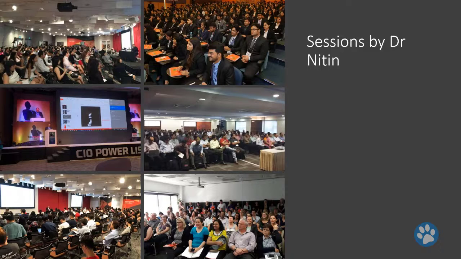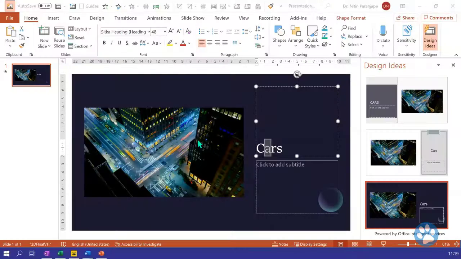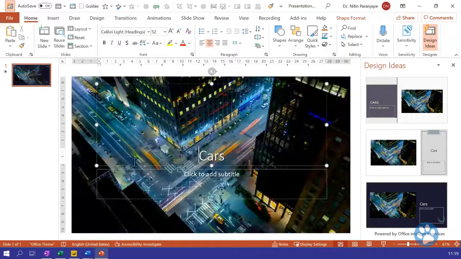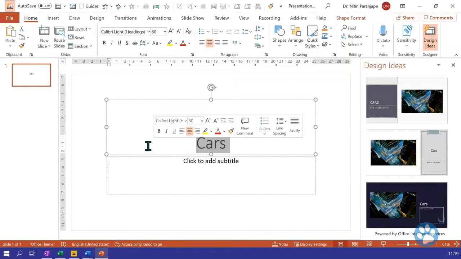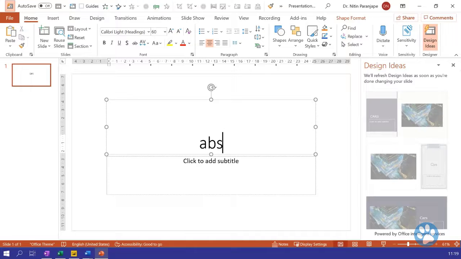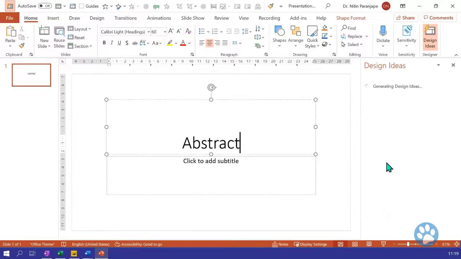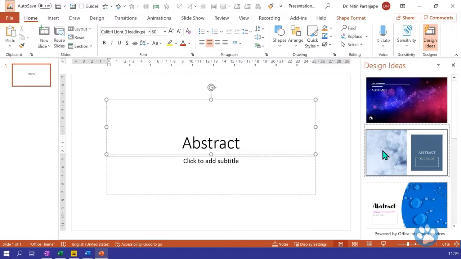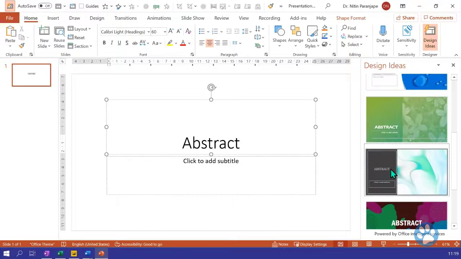Now, when you start using design ideas, there is one more best practice which I will show you. Sometimes we are trying different things. So let's say I'm trying something here and I found some good picture. Now what happens? I don't know what picture I'm going to get. So let's try. OK, I found this, I found this, I found this.